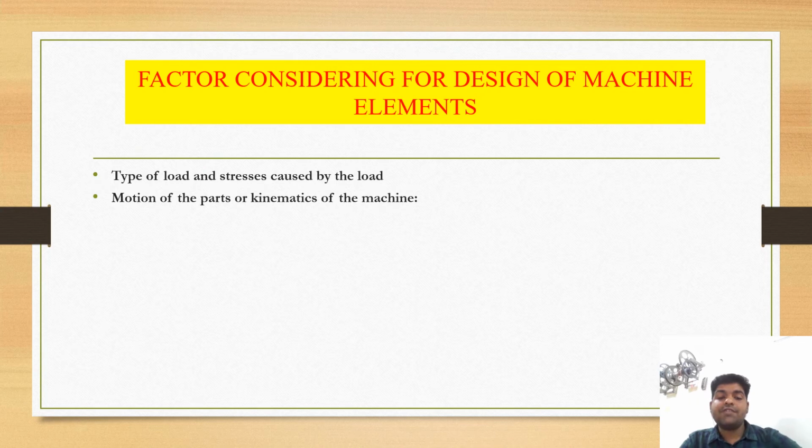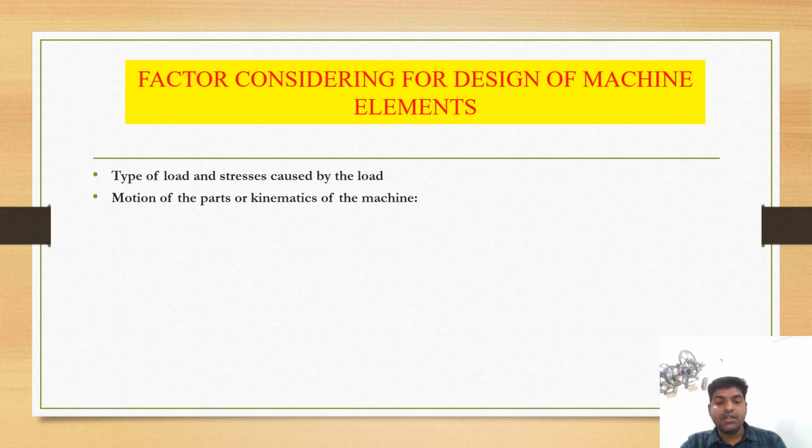They are as follows. First one is type of load and stress caused by load. That means the load on a machine component may act in several ways, due to which internal stresses are generated, and those are responsible for failure of the component. So we should care about the factors mentioned above.